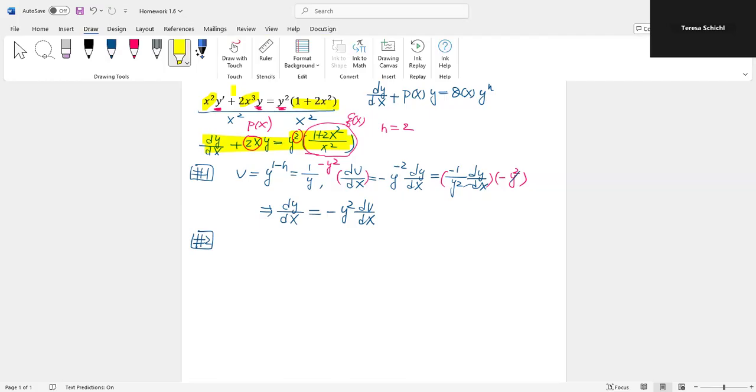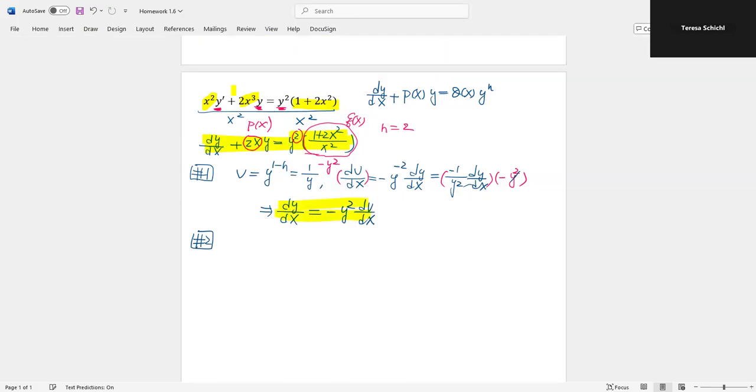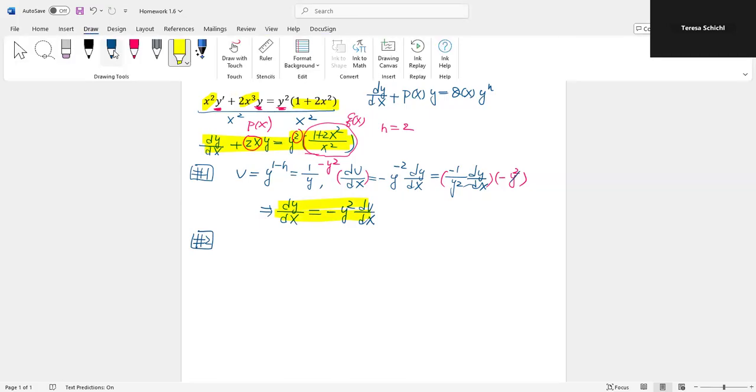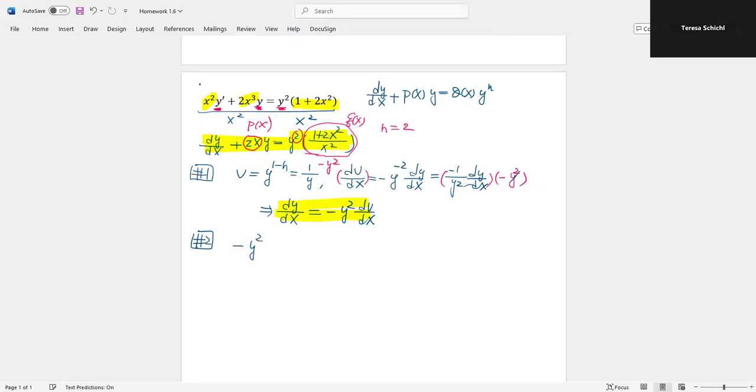So now I have negative y squared dv/dx, because dy/dx equals negative y squared dv/dx.